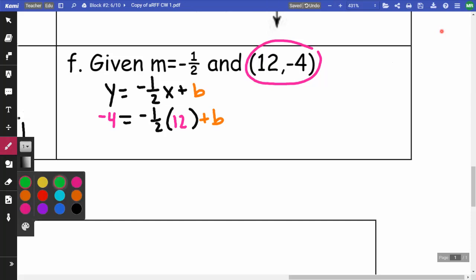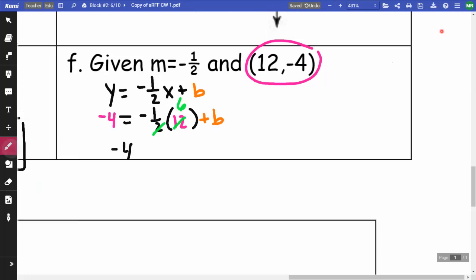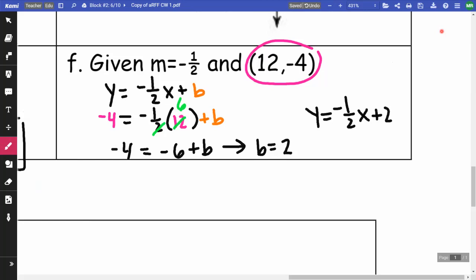Okay, so in terms of the math, 2 goes into 12 6 times here. So I'm going to get negative 4 is equal to negative 6 plus b. I'm going to add 6 to both sides. I get b is equal to 2. So y is equal to negative 1/2 x plus 2.